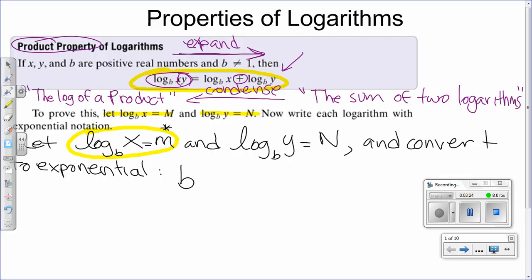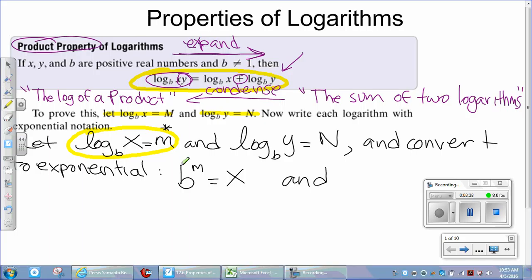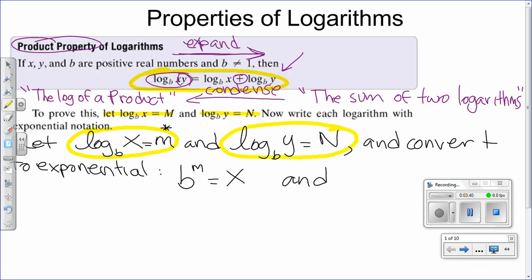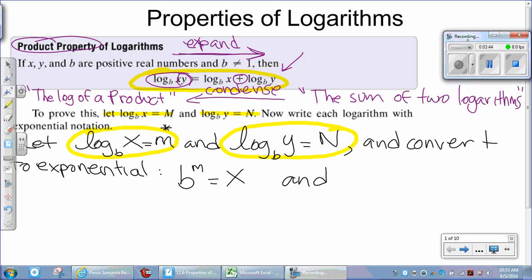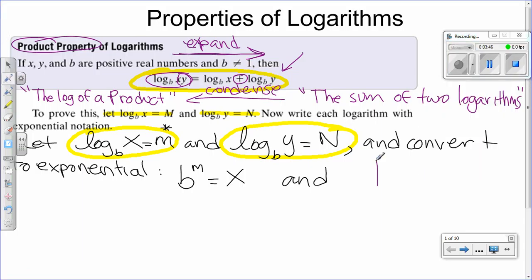Power m. So the x is no longer with a b. Okay, so let's try the next one. We take this expression and convert it to exponential. First we take the base to the power n, and that will equal y.